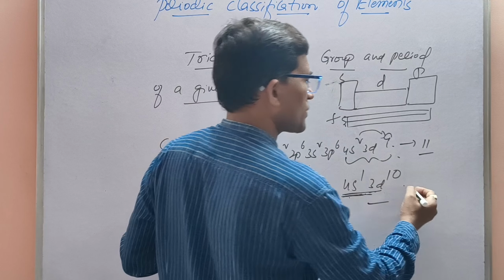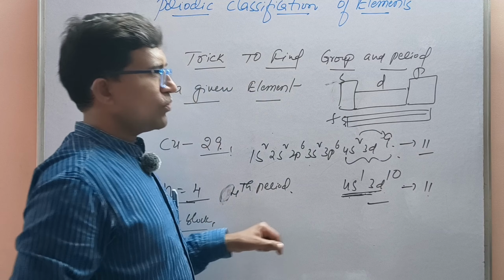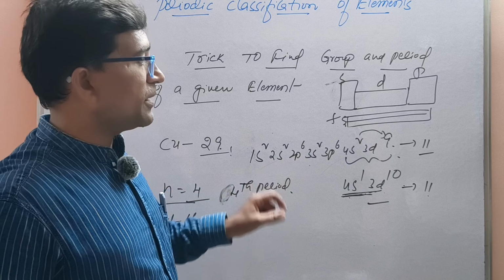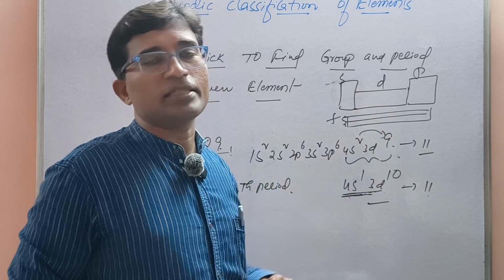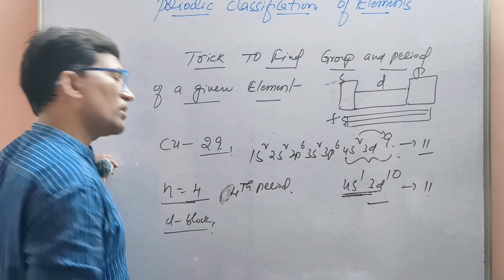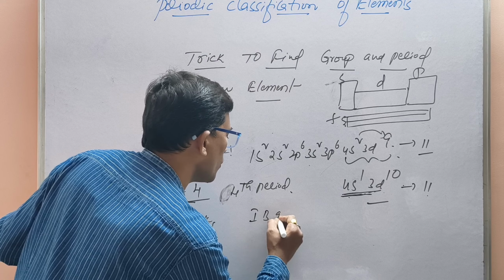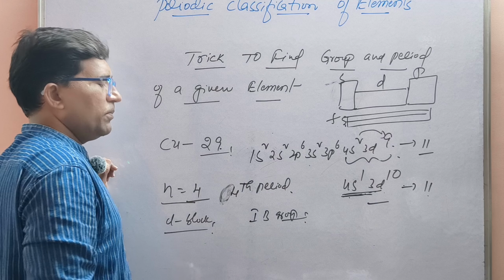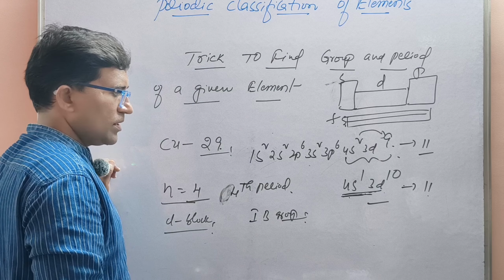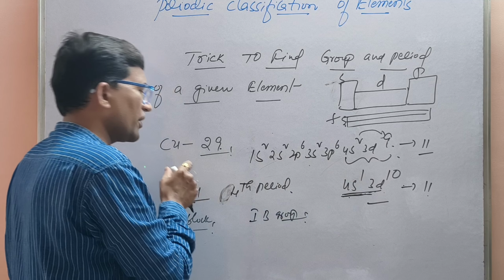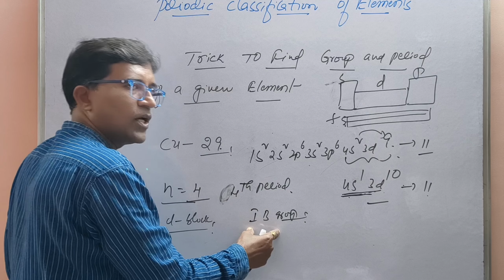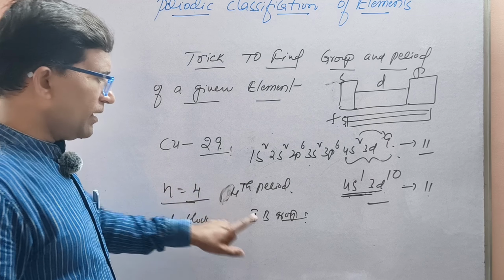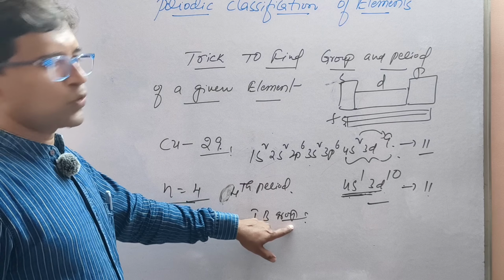Even if you count here, 1 plus 10, how much? 11. So it belongs to the 11th column in the periodic table, which is the 1B group. D block elements contain only B groups, and the element copper belongs to the 1B group of the periodic table and the fourth period.